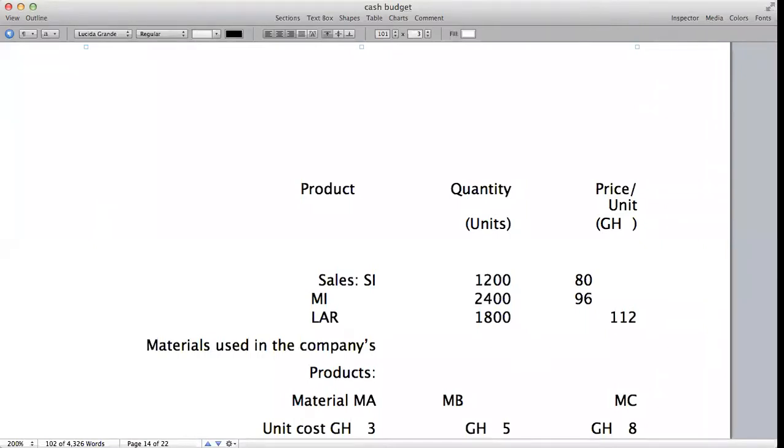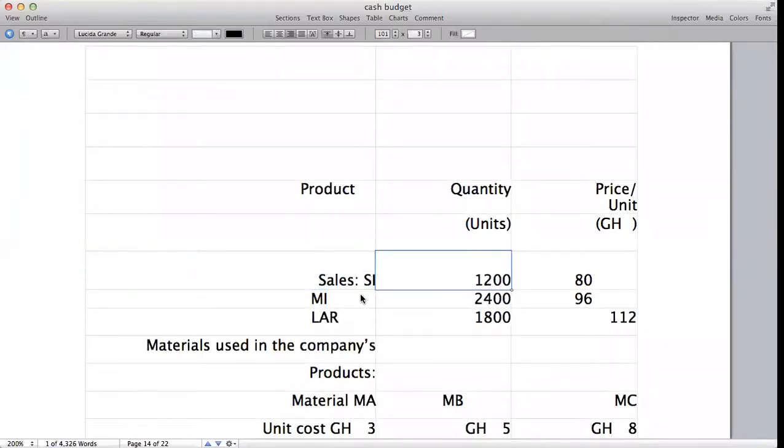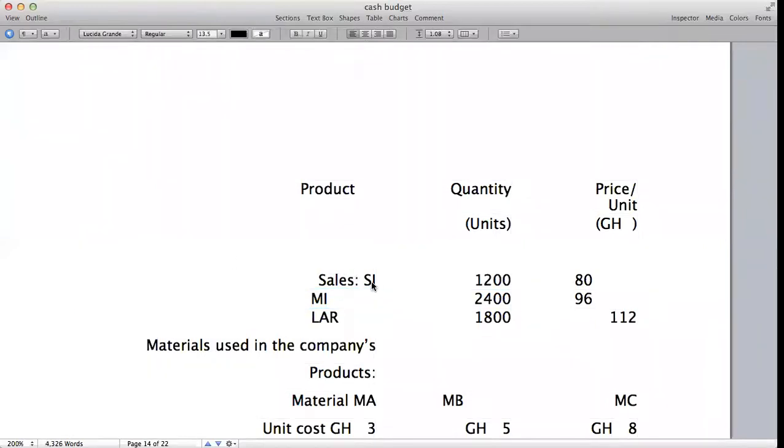Product, quantity, price per unit. The sales units for the products SI, MI, and LAR are 1,200, 2,400, 1,800. That's the sales. And anytime you see sales units given, it means that's the principal budget factor, the first thing, because that's their limit.